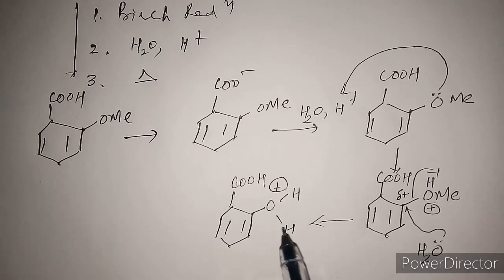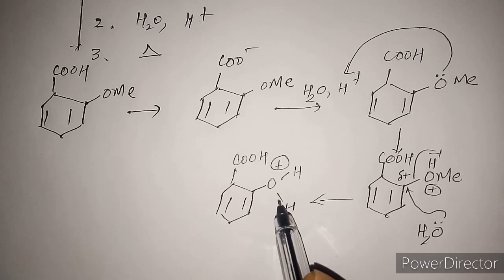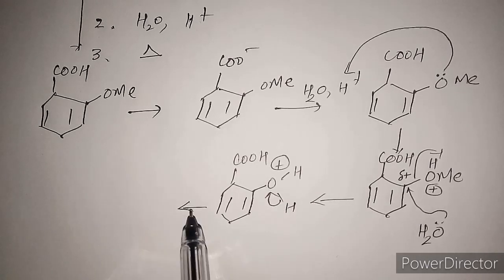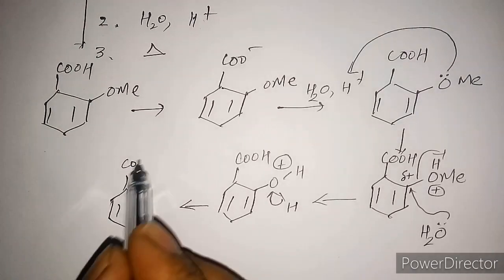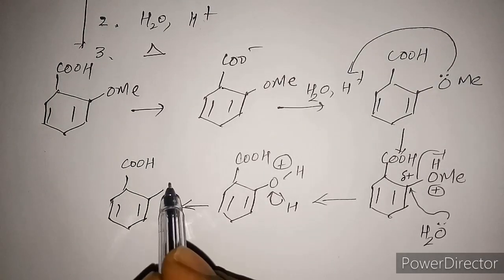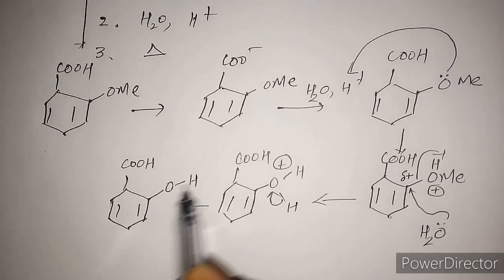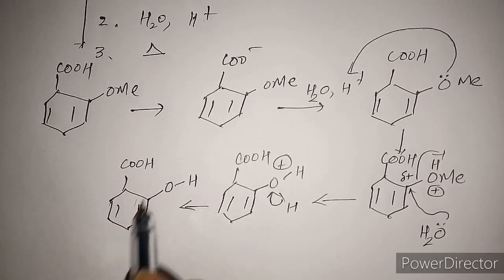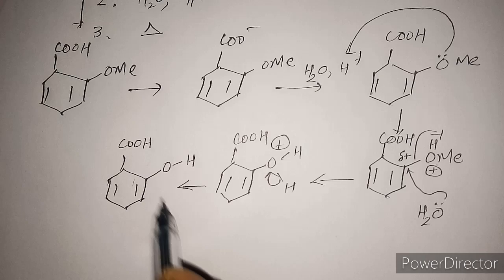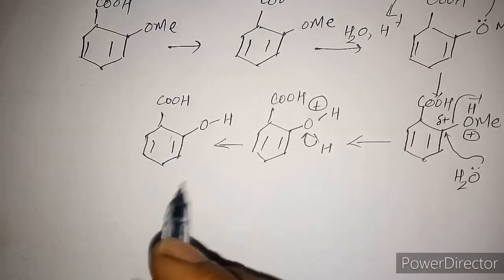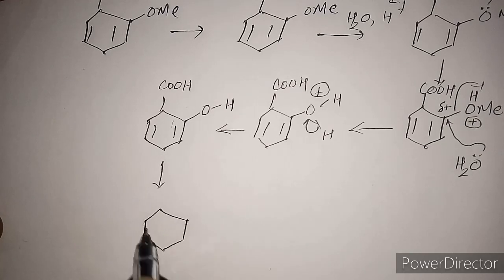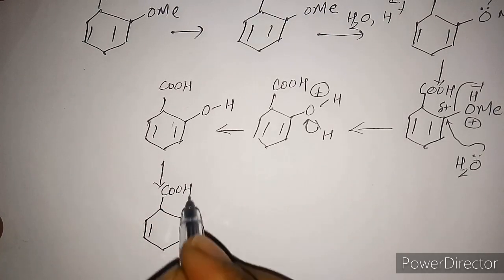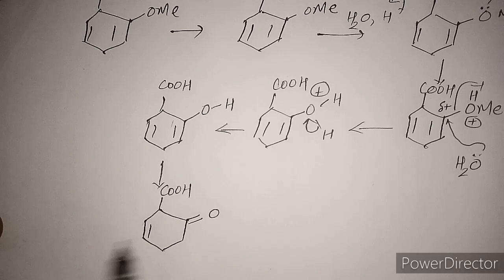Now the water molecule will lose one of the H plus, and we will get COOH, OH. Now this is actually an enol form, so this will be transferred to a keto form. This will become the keto form.